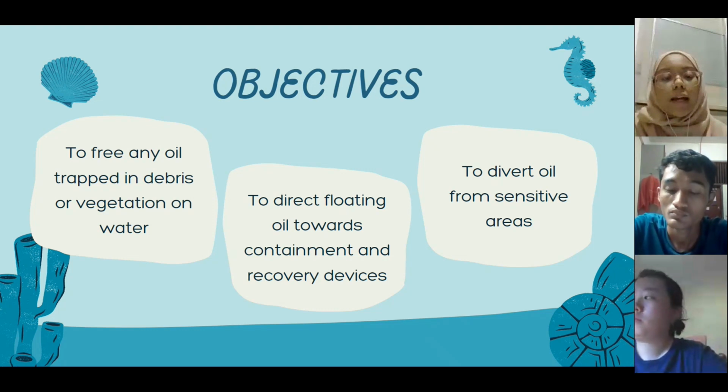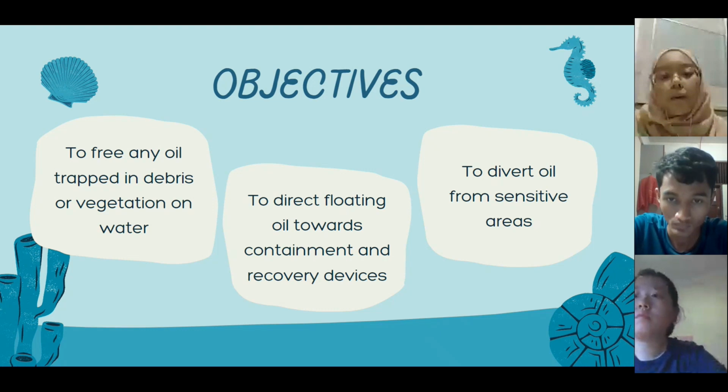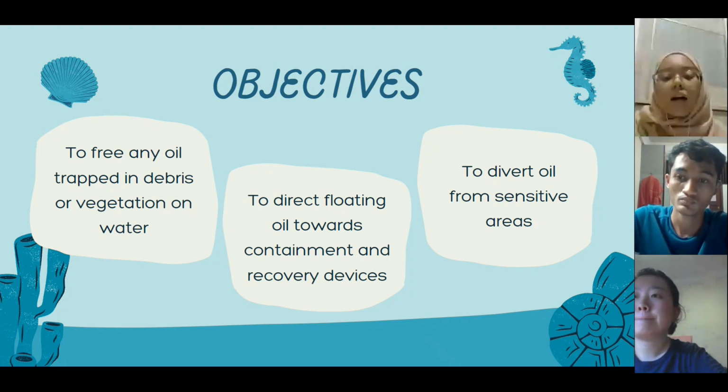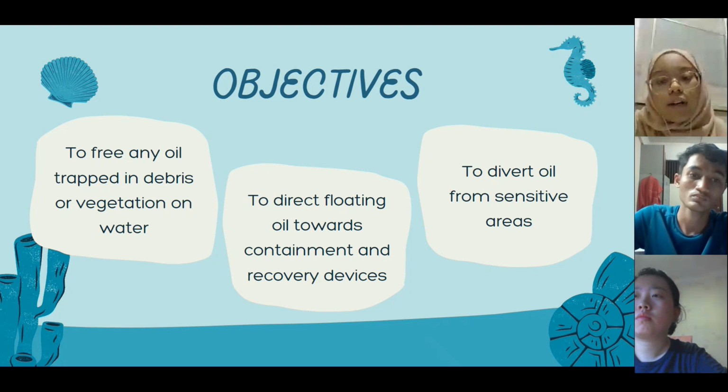Second is to direct floating oil towards containment and recovery devices. It is critical to contain the oil spill as quickly as possible in order to minimize any danger or potential damage to natural resources. And the last objective is to divert oil from sensitive areas.